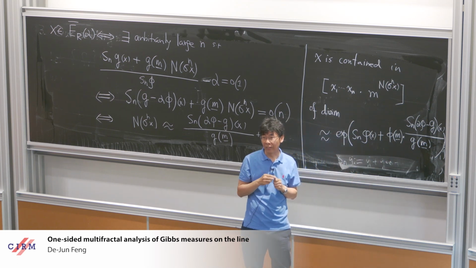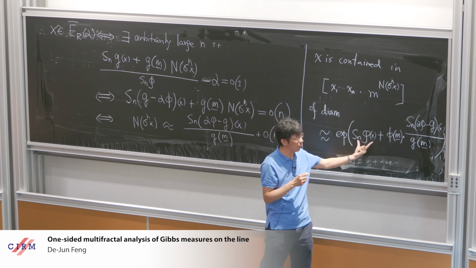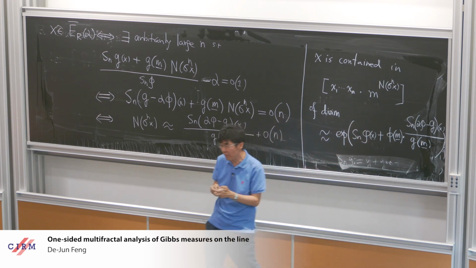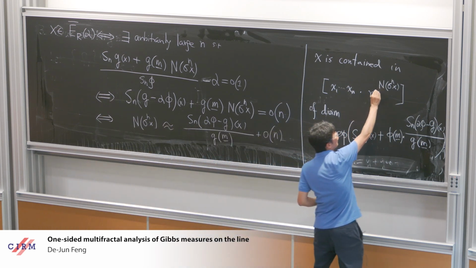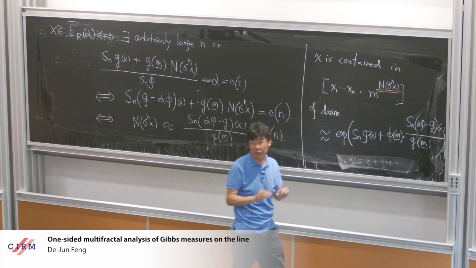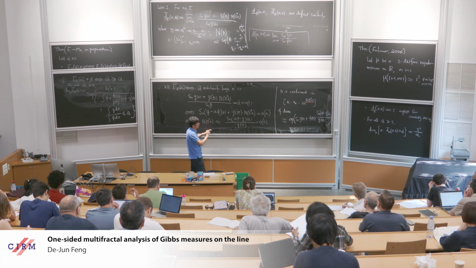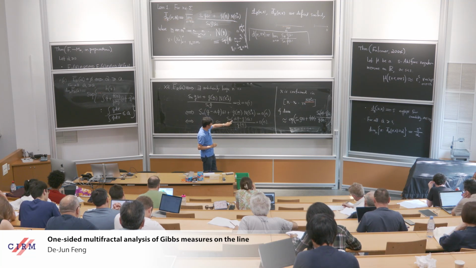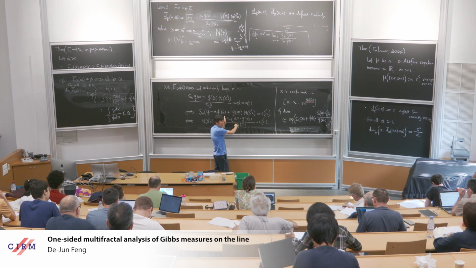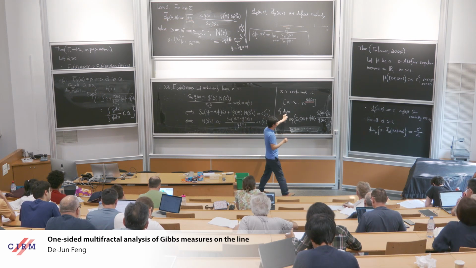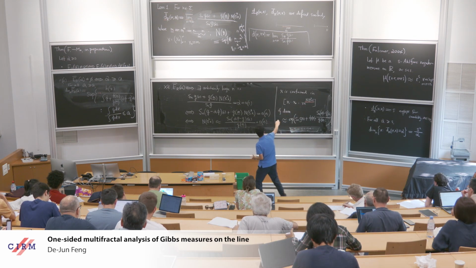But I was cheating. Actually, you cannot take all such cylinders because you still need to guarantee one issue. The issue is that this guy should be greater or equal to 0. But how can we guarantee that? Is this part greater or equal to 0? So we have some restriction on the cylinders.